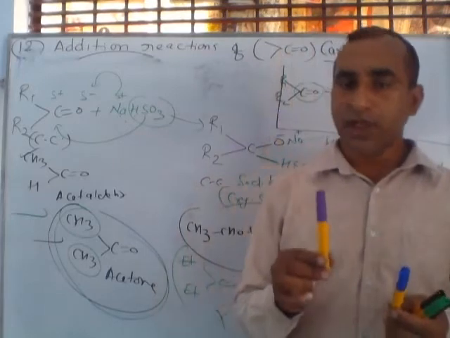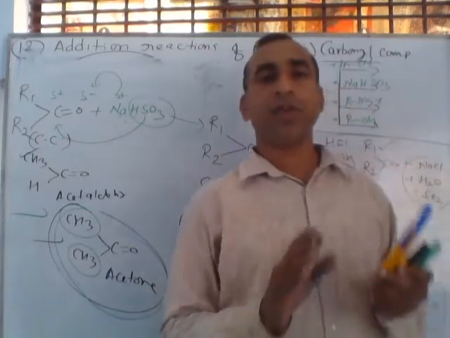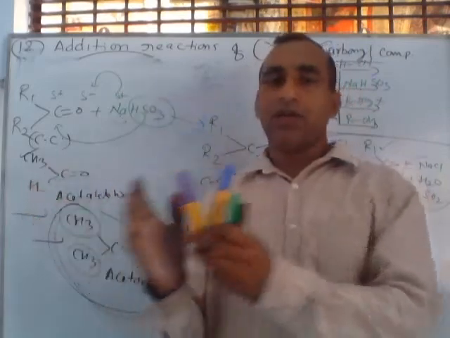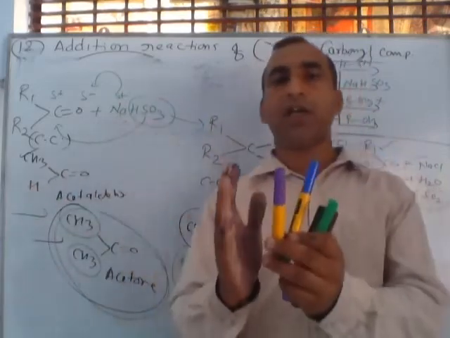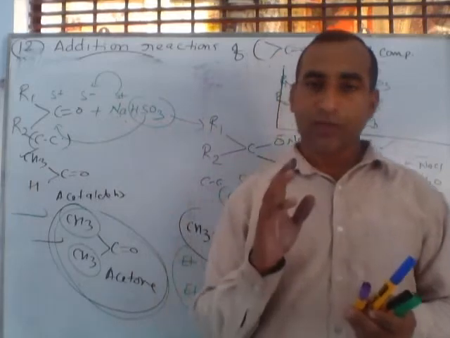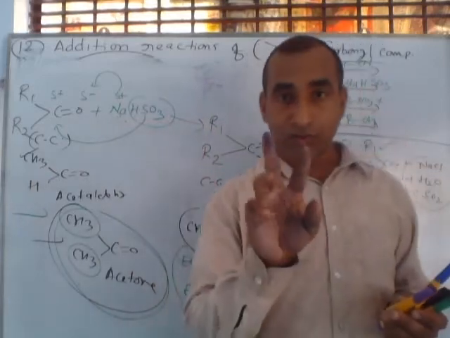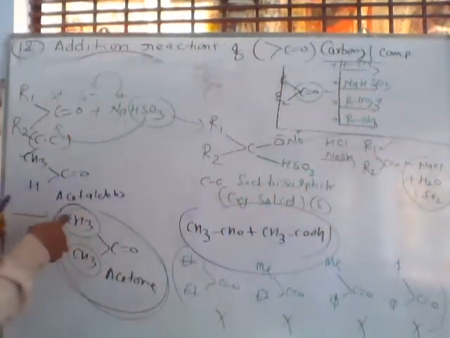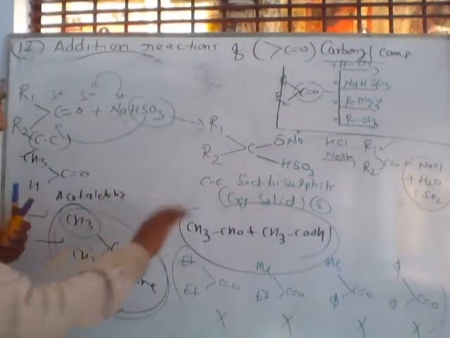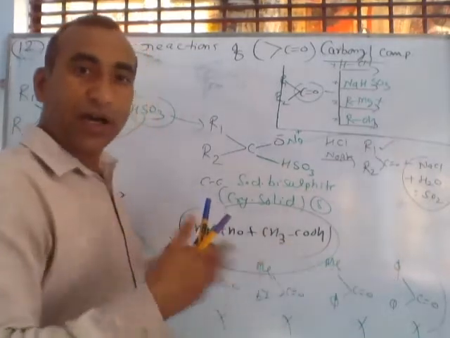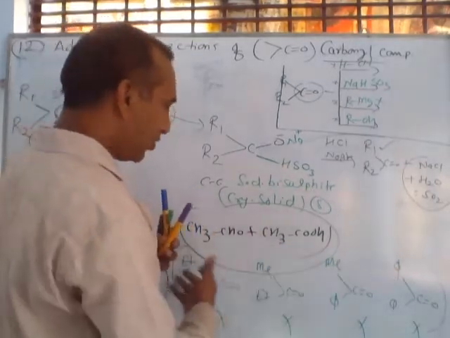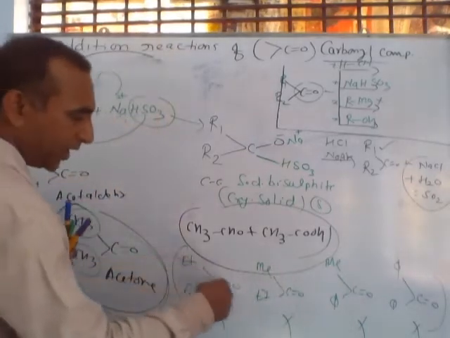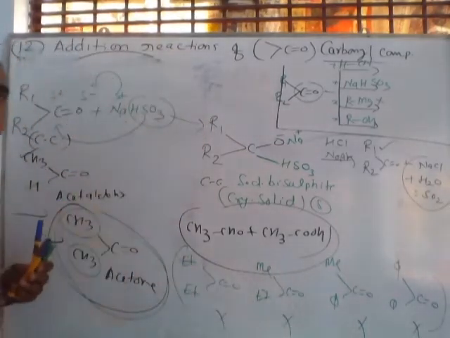Suppose in the exam they ask, how can you distinguish between formaldehyde and methyl alcohol? Formaldehyde will give this reaction but methyl alcohol will not. It is also used to distinguish two ketones: one ketone like dimethyl ketone and another having larger groups like methyl ethyl. So if they ask how to distinguish acetone and diethyl ketone, use this reaction.